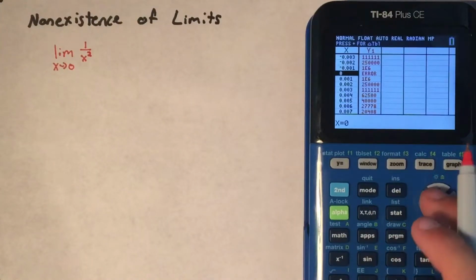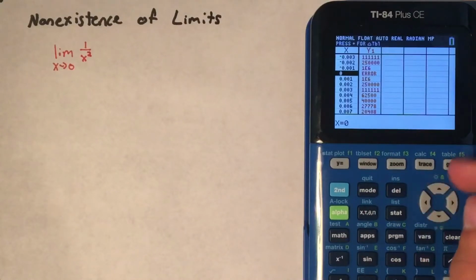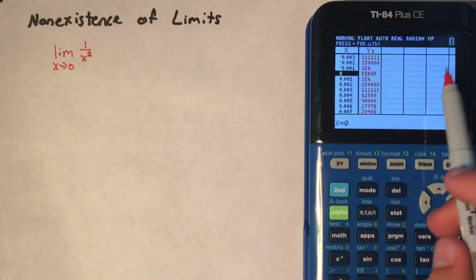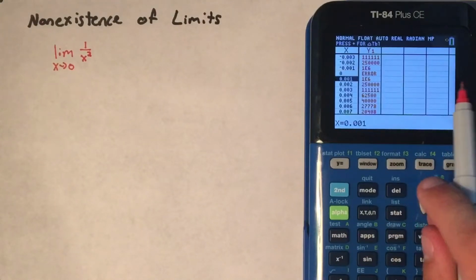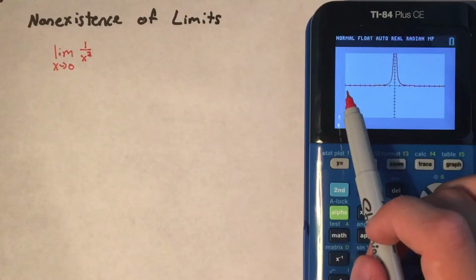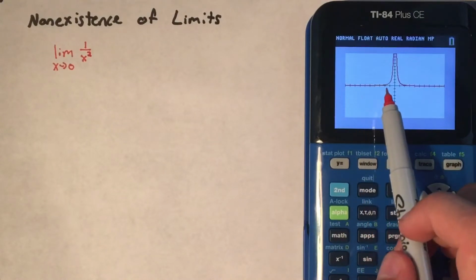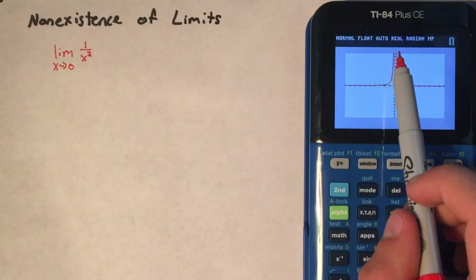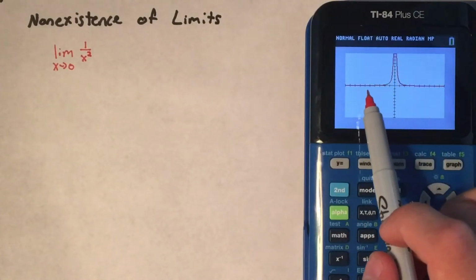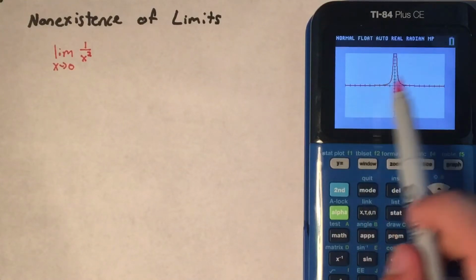Now, there is no limit of this equation. We can see because as x gets closer to 0, the numbers get bigger, and as they get farther away from 0, y gets smaller. We can see this in the graph. As the graph approaches 0, we get bigger and bigger y values, and as we go away from 0, we get smaller y values.